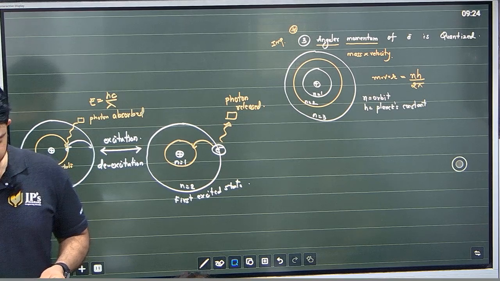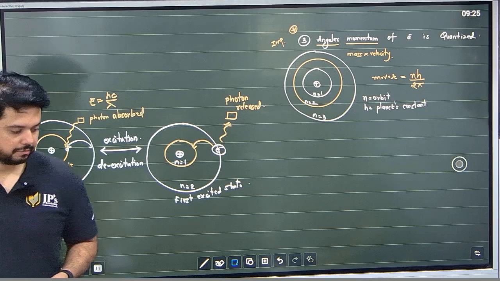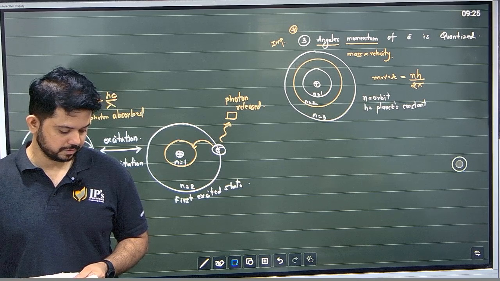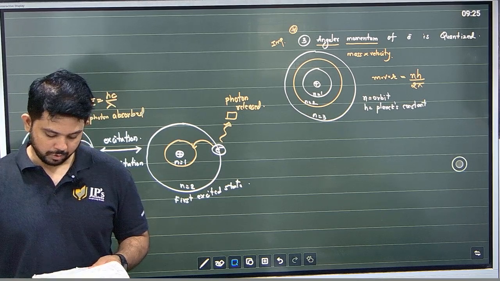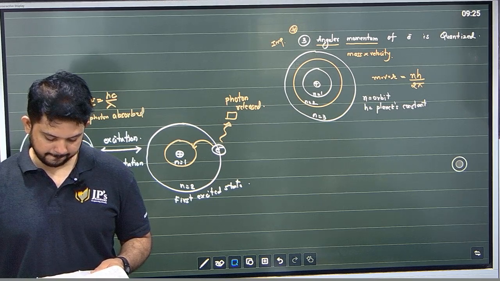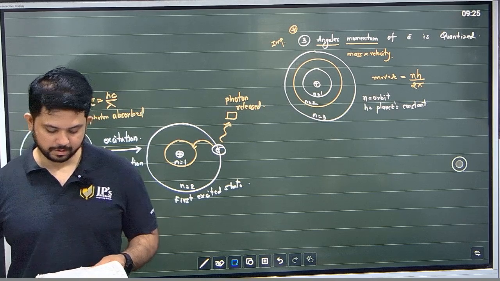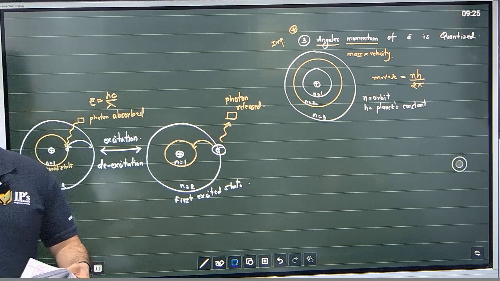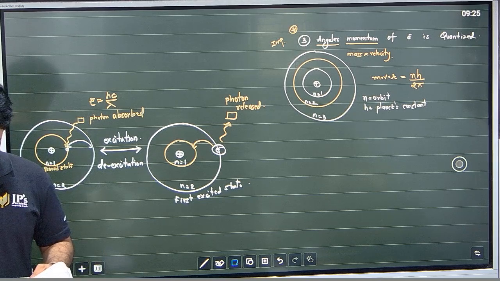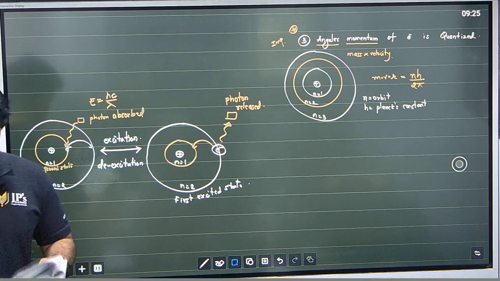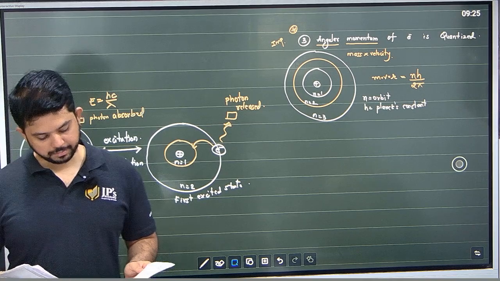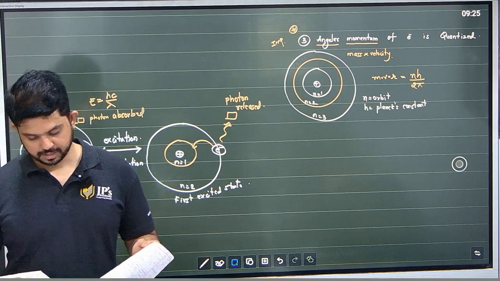Next point. The electron will move from a lower stationary state to a higher stationary state when the required amount of energy is absorbed.